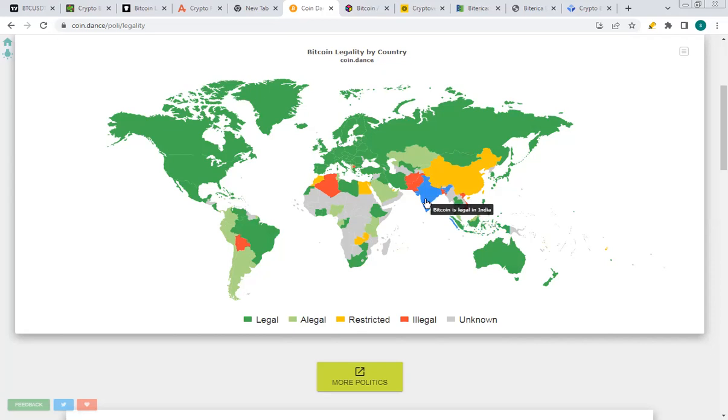Legal in India, but lots of things happening in India every day. The Indian government taxing Bitcoin, changing the rules, changing the rules of the playing field. So Bitcoin at the moment, legal in India with lots of legislation and taxation issues happening right at the moment.